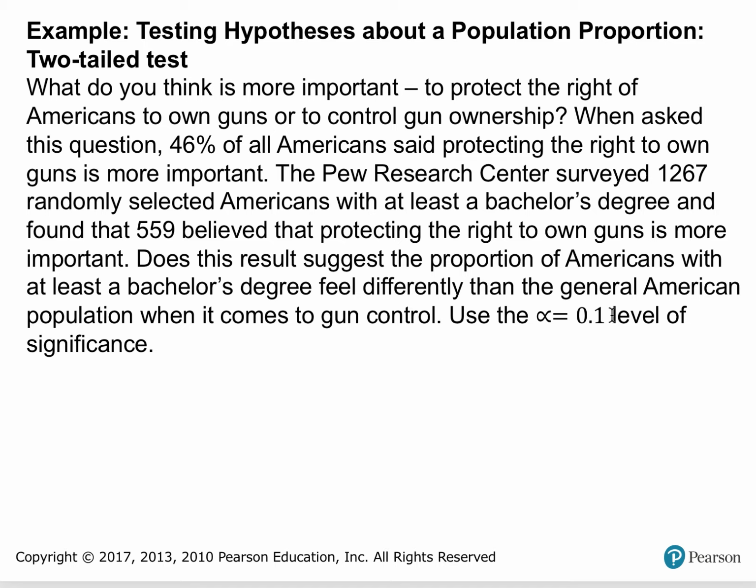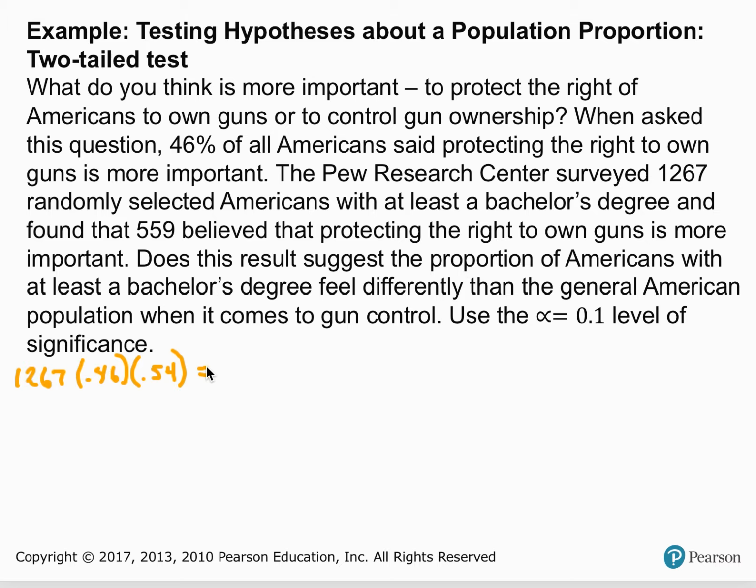So it's telling us to use alpha equals 0.1 for our level of significance. Okay, don't forget we got to verify those 3 requirements first. It is a simple random sample. I think it said that up here. So yeah, randomly selected Americans. Okay, so N is 1267 times P times, that's the same P we had, isn't it?